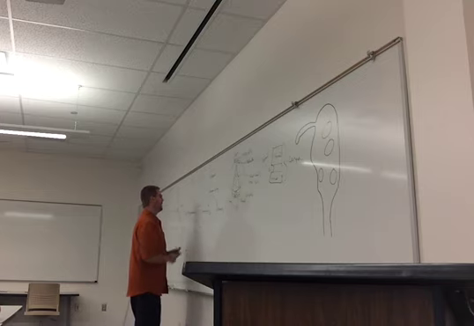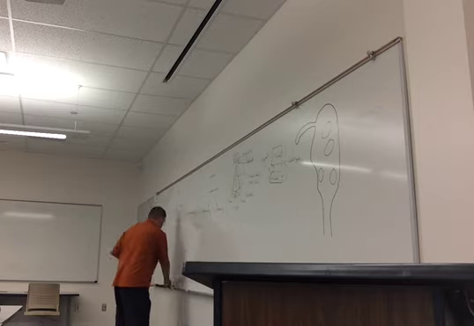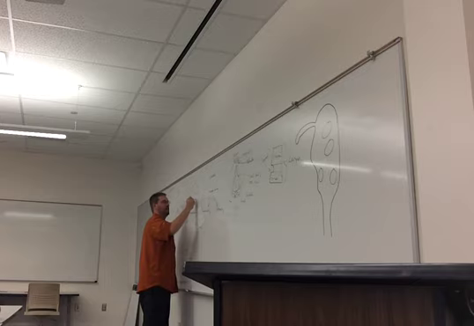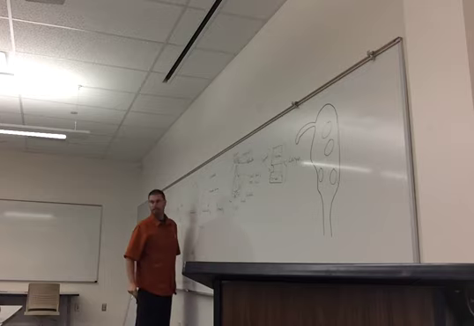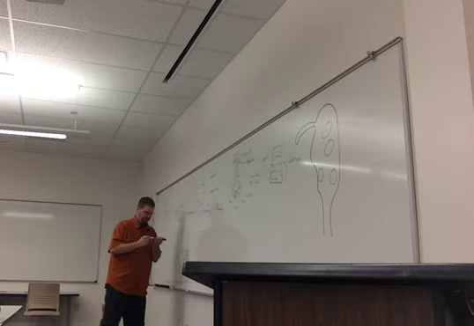And it comes in, and what happens is you have O2, oxygen molecules. So oxygen molecules diffuse into the alveoli, right? And then the oxygen molecules diffuse across the alveoli into the blood.